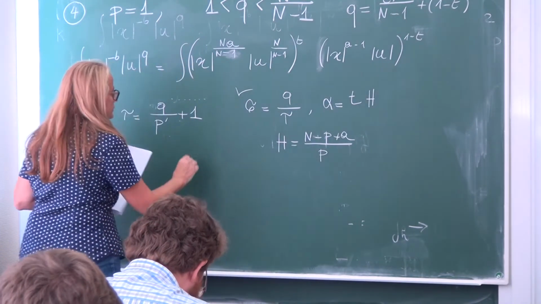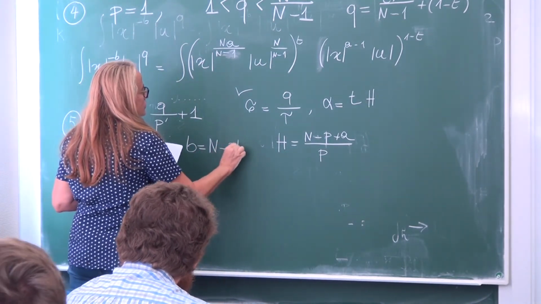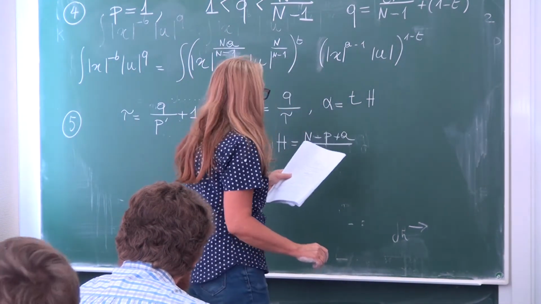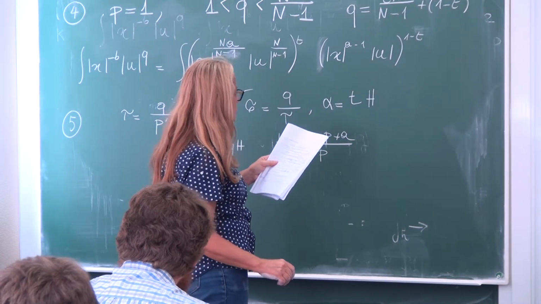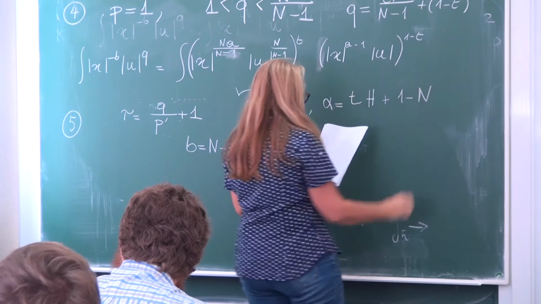By the way, notice that B was equal to n minus qh, that is, t minus h plus 1 minus n.